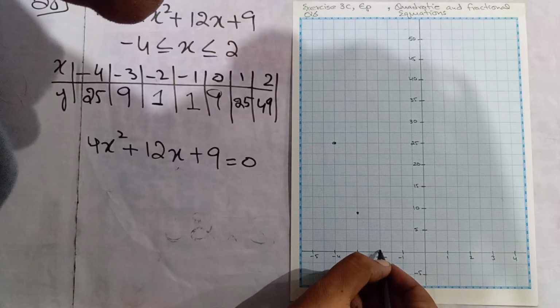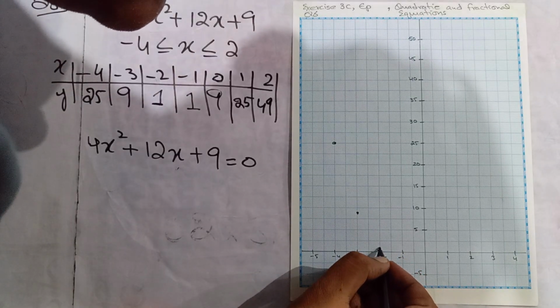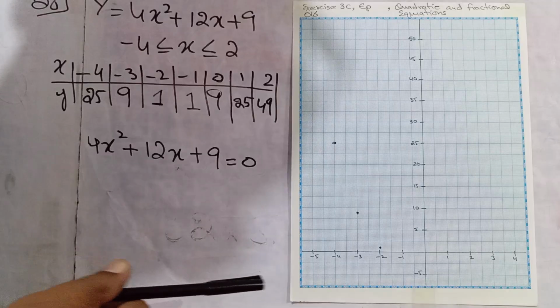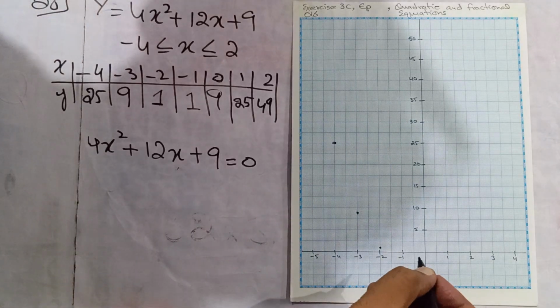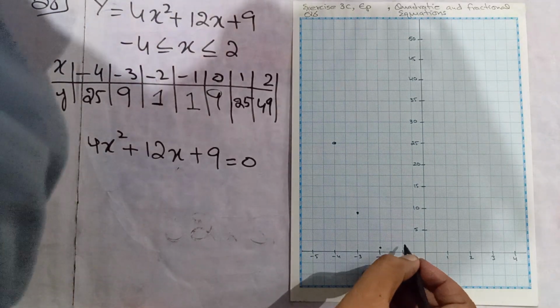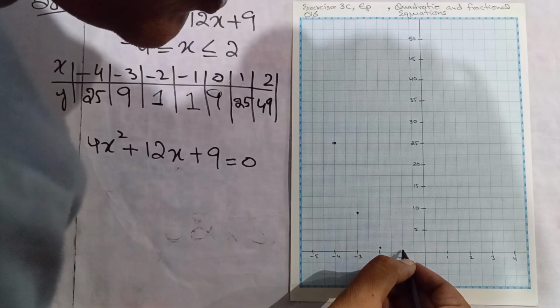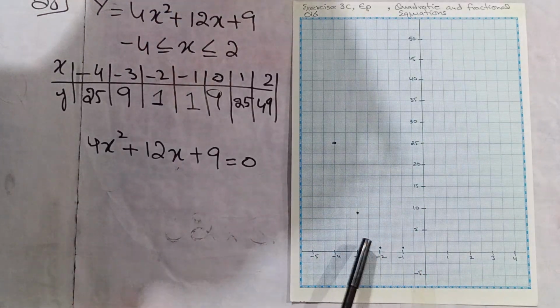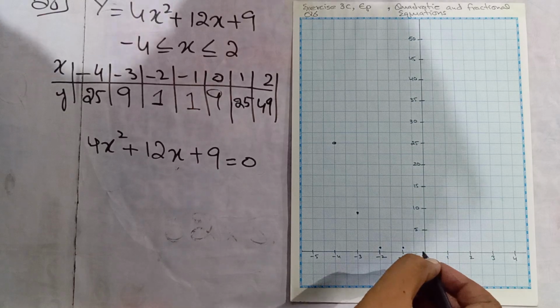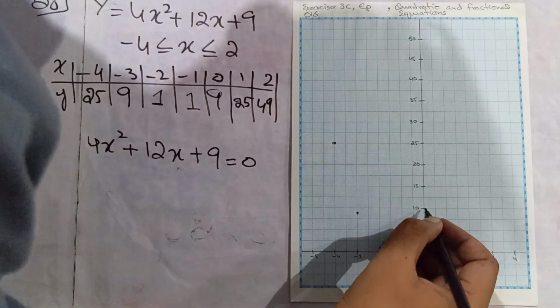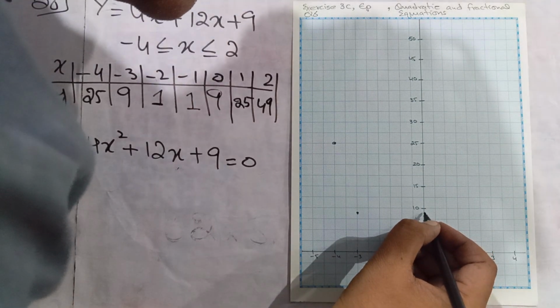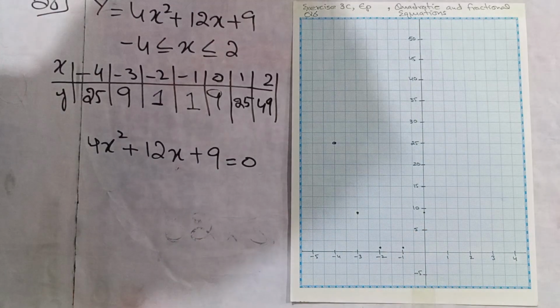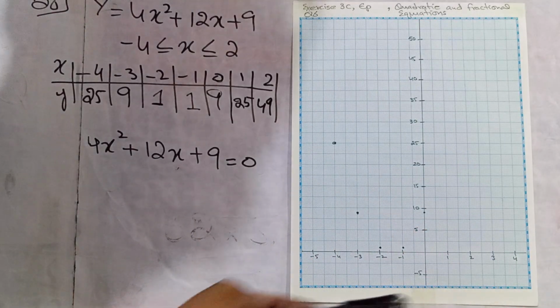Okay, at minus 1 it is again 1. These 2 points are on the same level. At 0 it is 9. These 2 points are also on the same level.